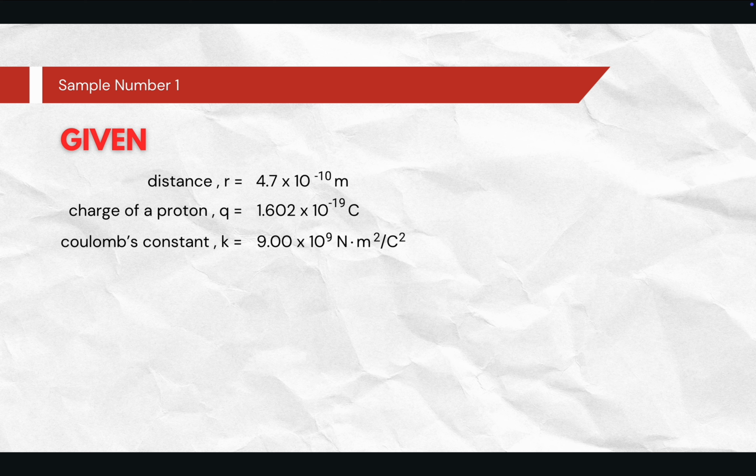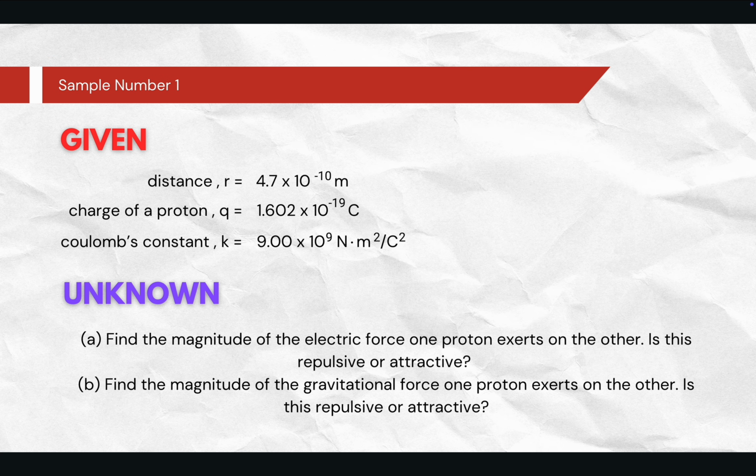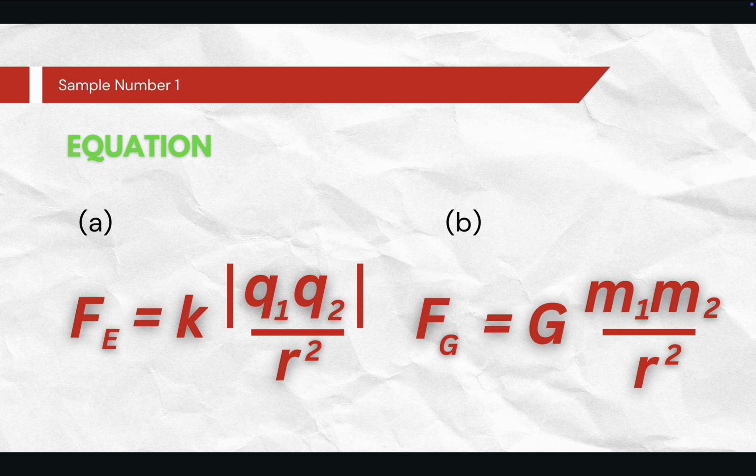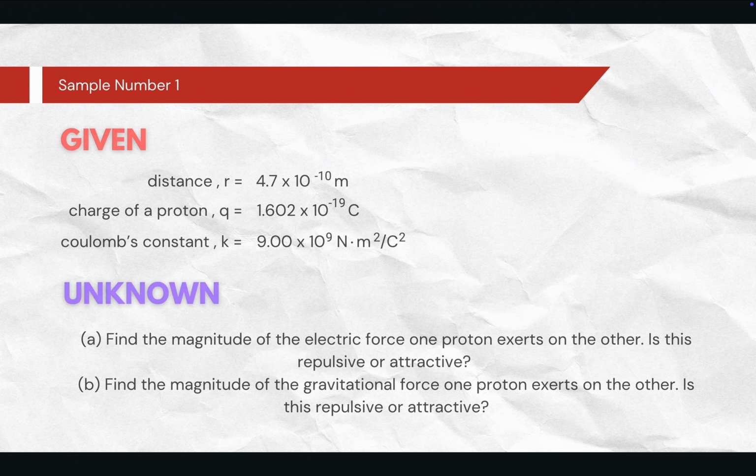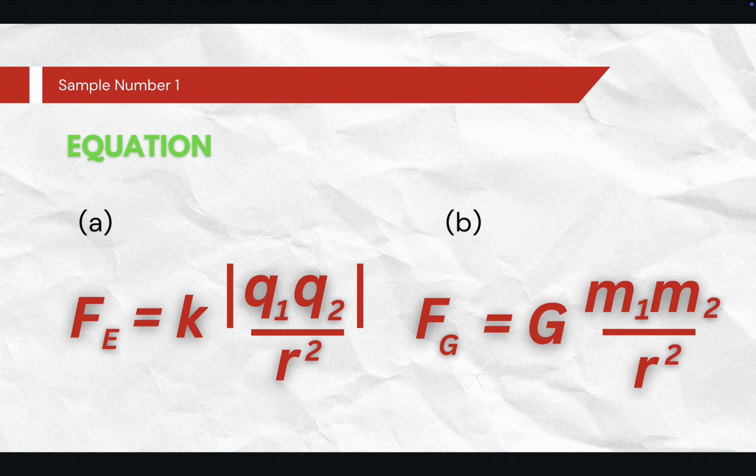Ito yung charge ng proton, 1.602 times 10 raised to negative 19 C. And then yung distance, yan lang yung given kanina sa problem, yung 4.7. The next is yung unknown, yung hinahanap natin, yung A and B. A is for the magnitude of the electric force, and B is for the magnitude of the gravitational force. Next is the equation. Yung letter A kanina is for the electric force, and yung letter B is for gravitational force.